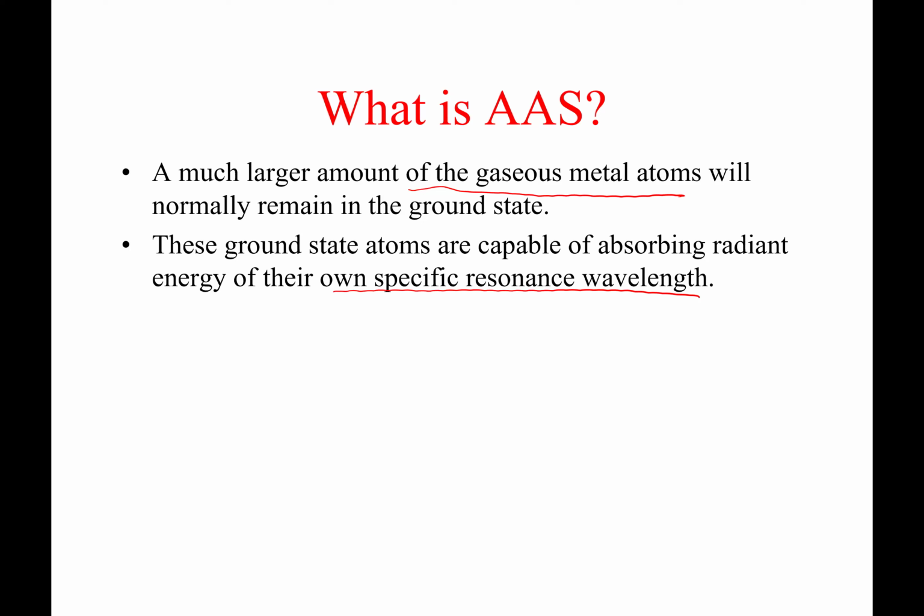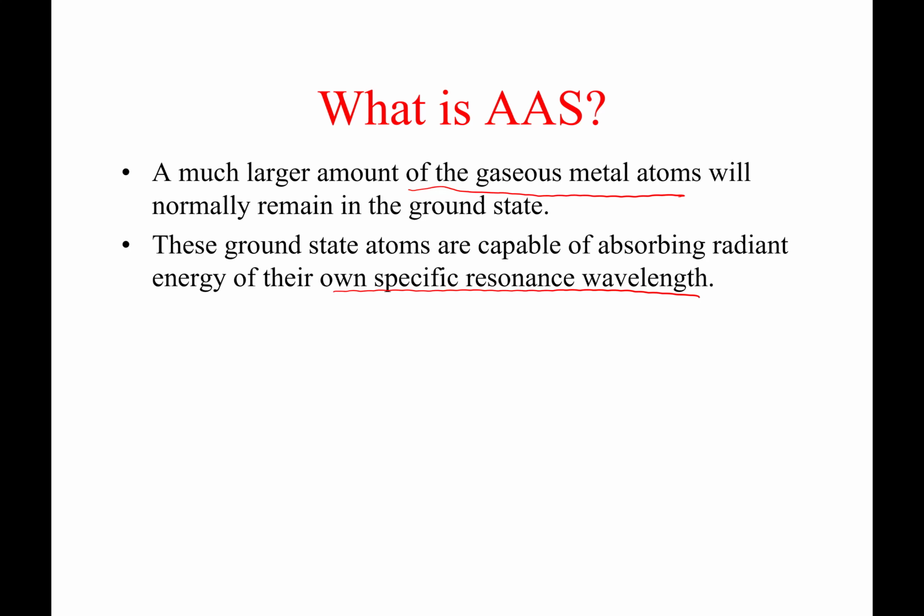So that is it. You have the ground state atoms, they absorb energy, you put those ground state atoms into an excited state. And then they must absorb, that is key. Those atoms must absorb their own wavelengths. If it's zinc, it must be the zinc wavelength.